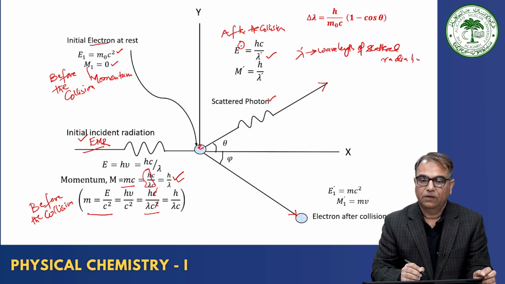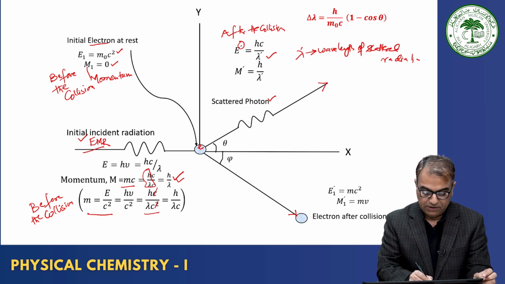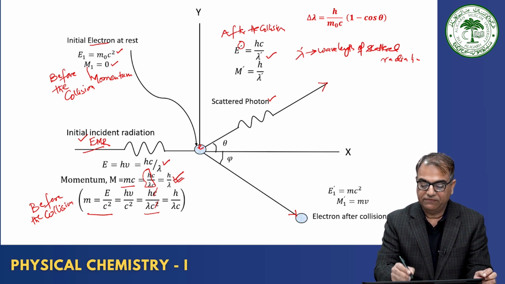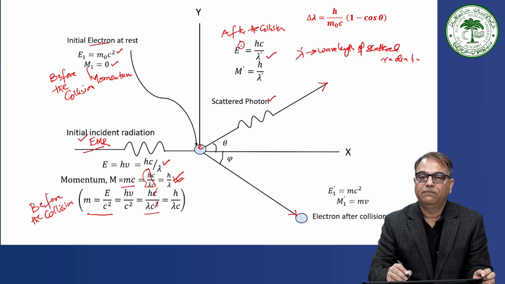Then momentum becomes h divided by lambda prime. So it is the same relationship, hc divided by lambda and h divided by lambda, but with a different wavelength, lambda prime.